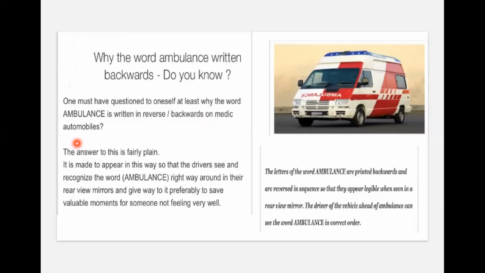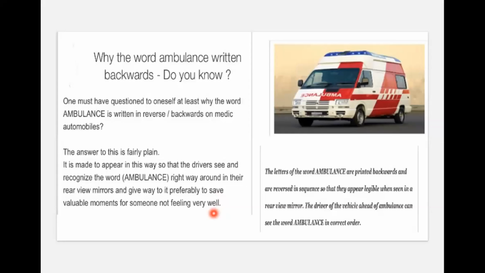A medic automobile is nothing but an ambulance which carries patients in an emergency. The answer to this question is fairly plain. It is made to appear this way so that the driver sees and recognizes the word ambulance the right way around in their rear view mirror and gives way, preferably, to save valuable moments for someone not feeling very well.